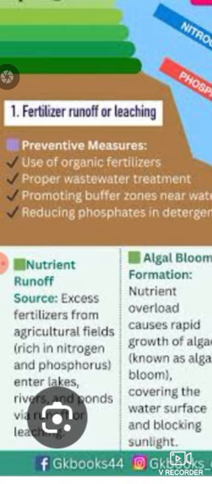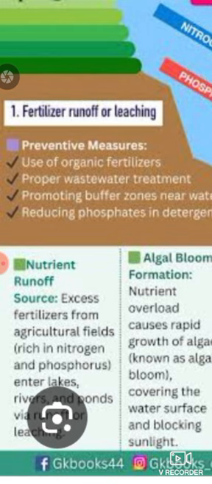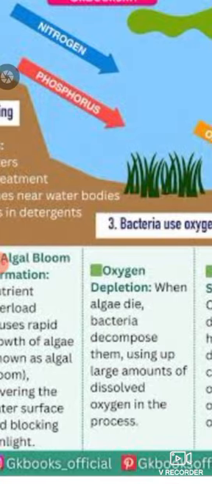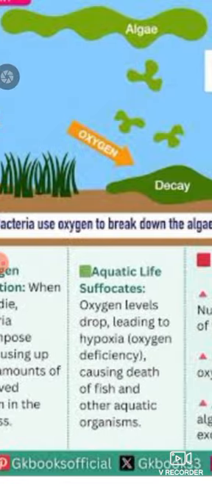Reducing phosphates in detergents. So it's mainly leaching, nutrient runoff, algal bloom formation, oxygen depletion by the bacteria, and aquatic life suffocates.